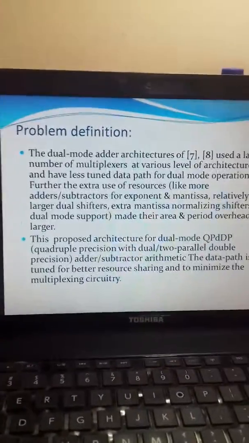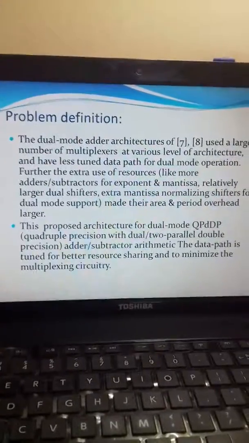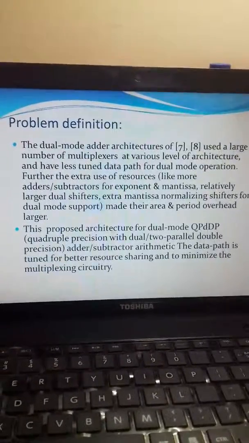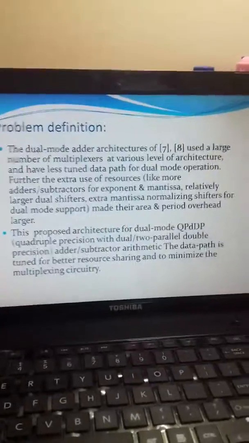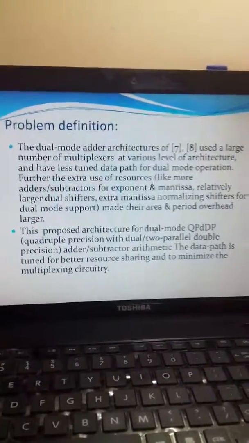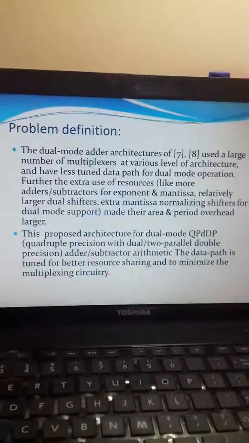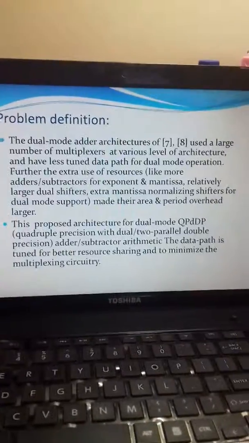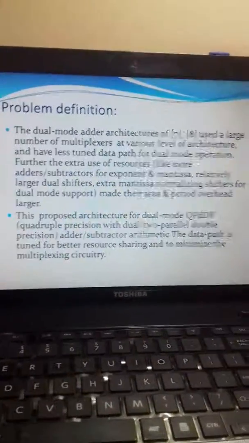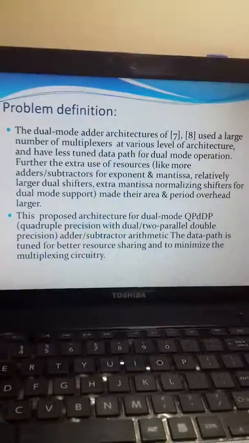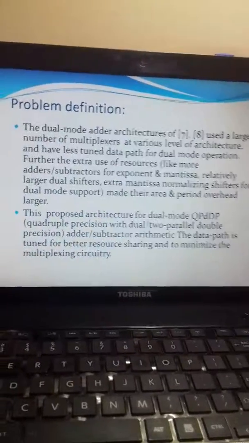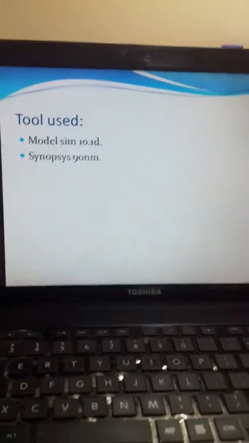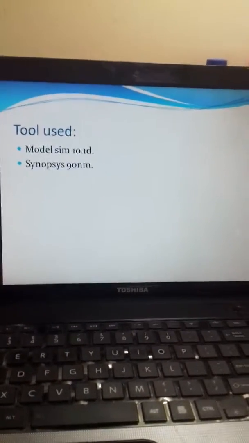The problem definition is that previously we have many architectures for this dual mode adder, but they take more area and power, and more multiplexers. The new proposed one has fewer components, so it is trying to minimize the area and power. The tools used for this are ModelSim and Synopsys 90 nanometer.